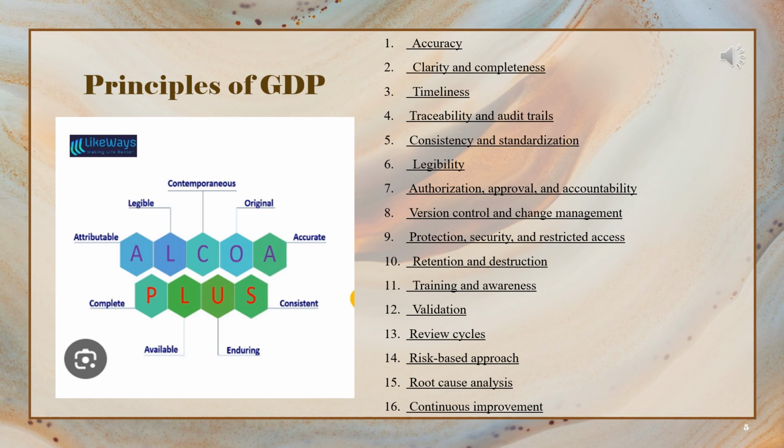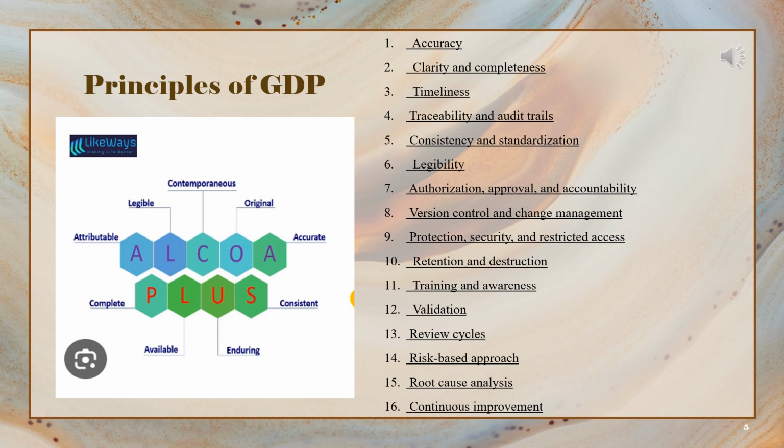Validate any systems your company uses for generating or storing documentation for data integrity, because it is very important to use an updated system. Then review cycles: regularly review your documents to spot and correct errors, verify relevance and ensure compliance. Next is a risk-based approach: prioritize your good documentation practices based on risk to focus your resources where they can make the most impact.